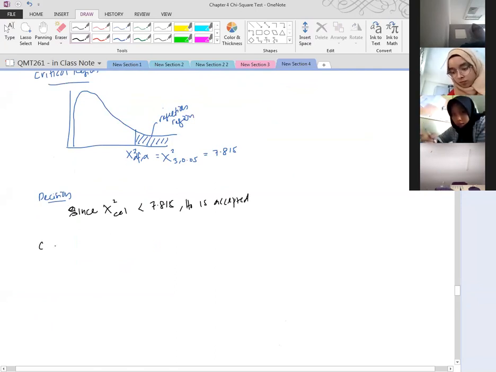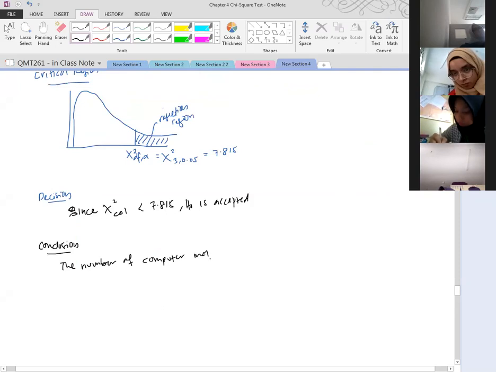So our conclusion is the number of computer malfunctions per day does follow Poisson distribution, right? So that's how we do it.